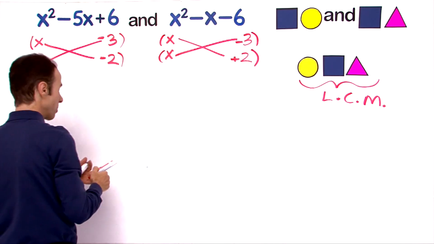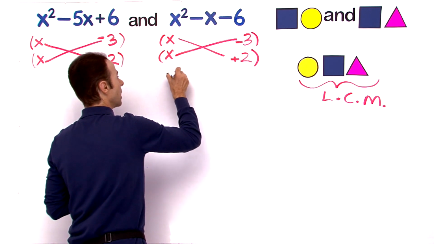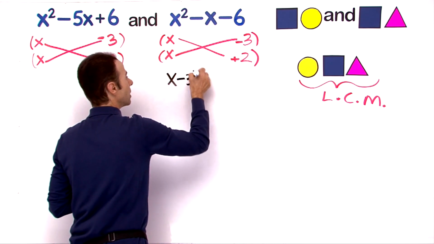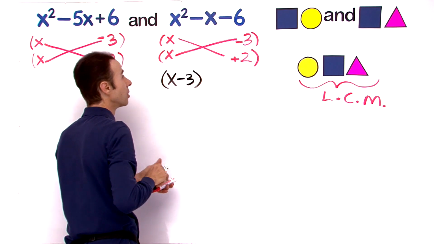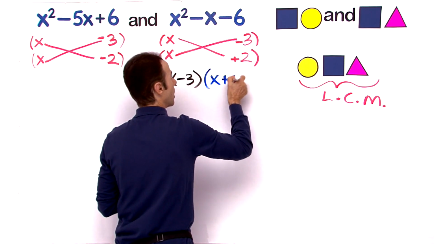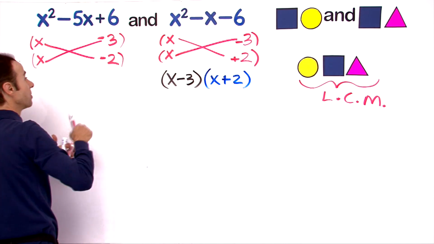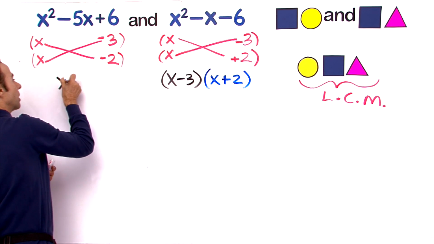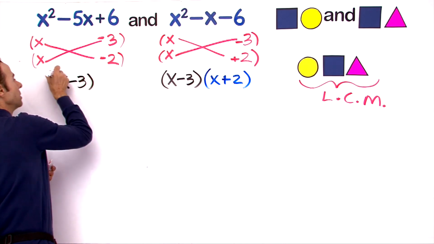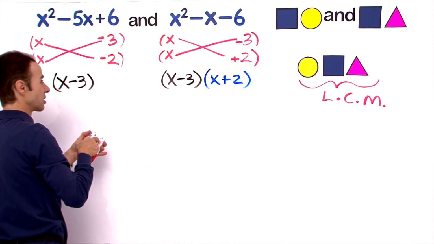Okay, so if we break these up, this side will be x minus 3 and x plus 2. On the other side, what do we have? We have x minus 3 and x minus 2.